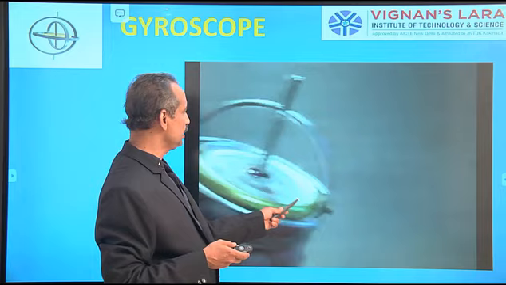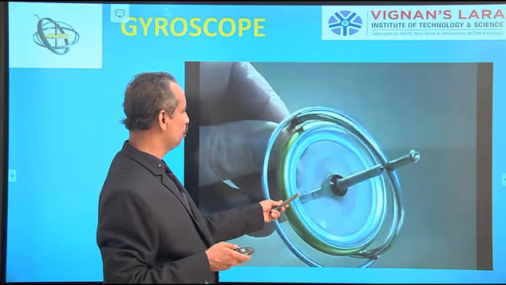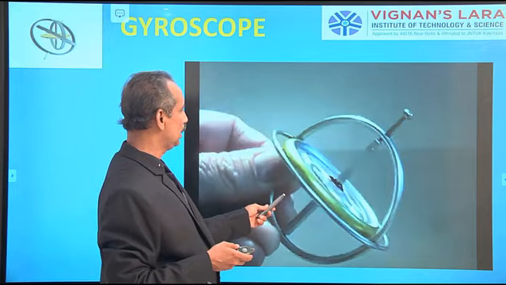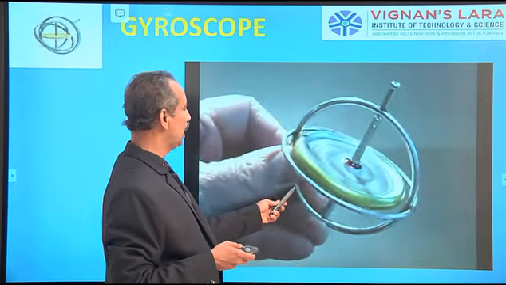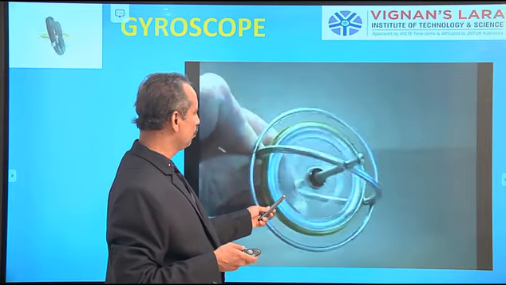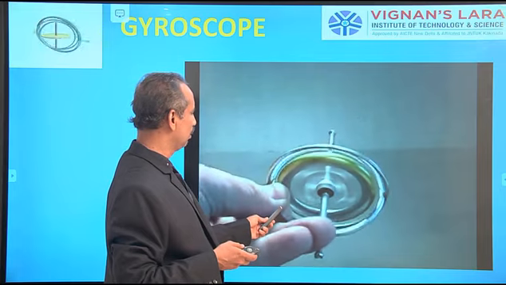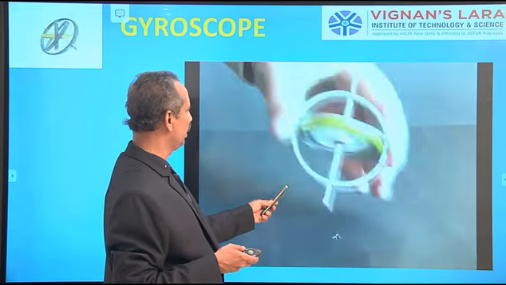Now look at this, the same wheel is given a spinning motion. With this dynamic motion the wheel is stabilized and it can sustain and revolve. So you can see here, now it is running.